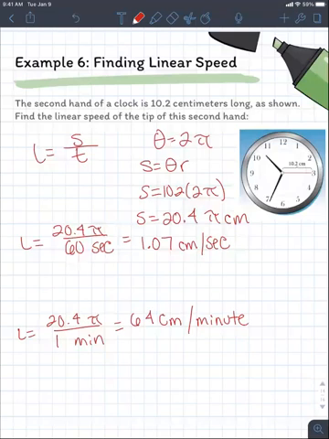In this case, all we had was 10.2, and I was confused too because they didn't give us the angle, but then I realized maybe they're talking about the whole clock. And when I looked at the book, they were talking about the whole clock.